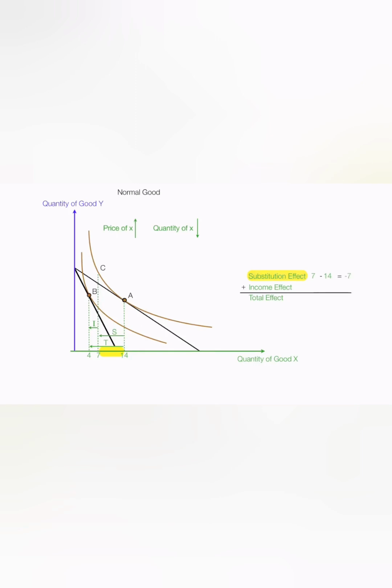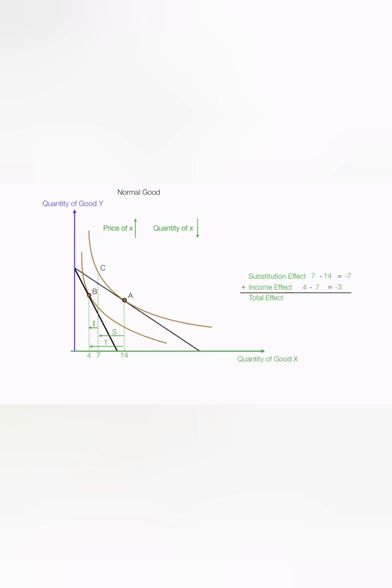The income effect is the remaining distance, and that's going to be 4 minus 7. And this will be equal to negative 3.